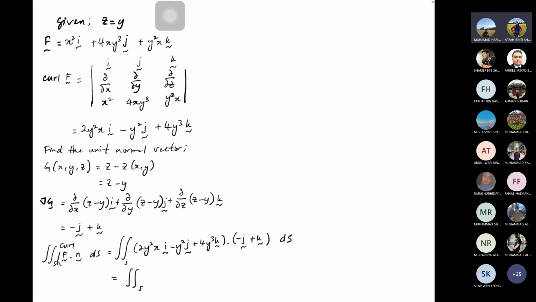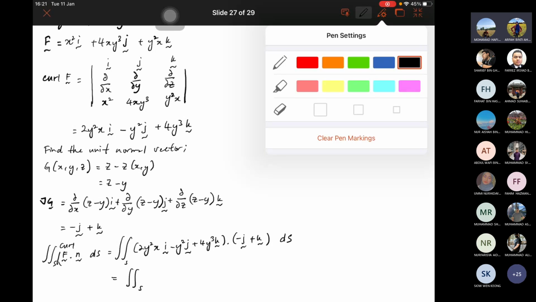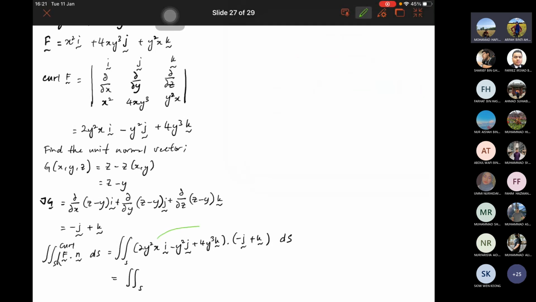So integration over the curve S, okay, yang ini tak ada i component, no need, kita darabkan j dan juga k component. So negative y squared darab 1, j darab j dia akan jadi 1. So it will become negative y squared tambah 4y cubed.